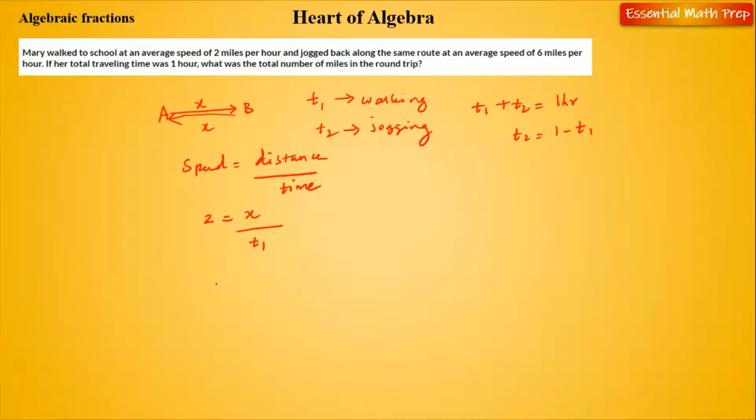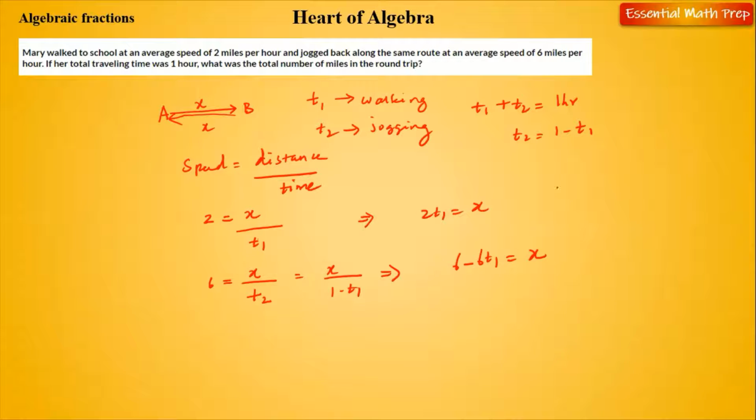And when Mary jogged back from school to her home, it's 6 miles per hour, distance is x, and this time is t2. We can now substitute t2 with 1 minus t1, which translates to 6 minus 6t1 equals x. Similarly, 2t1 equals x.